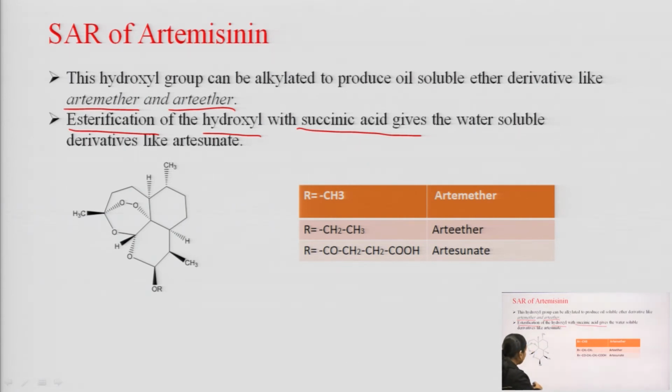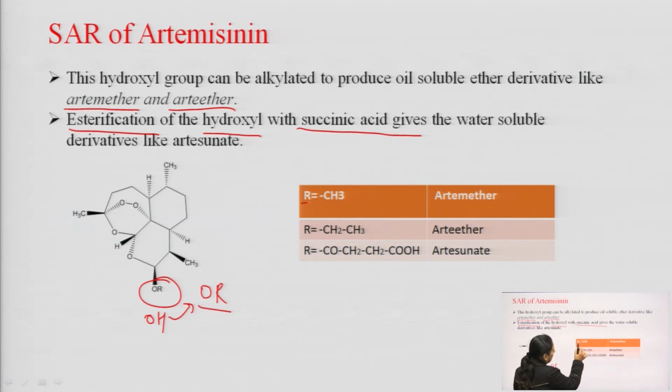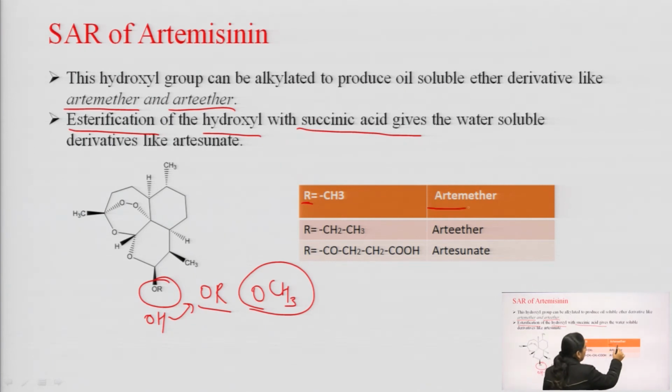So, here we will see that there was an OH. If we do the substitution at this position, we form different compounds. If this R is substituted with CH3, there is production of a methoxy group. This compound is known as artemether, which has more oil solubility, or is a more oil soluble ether derivative.